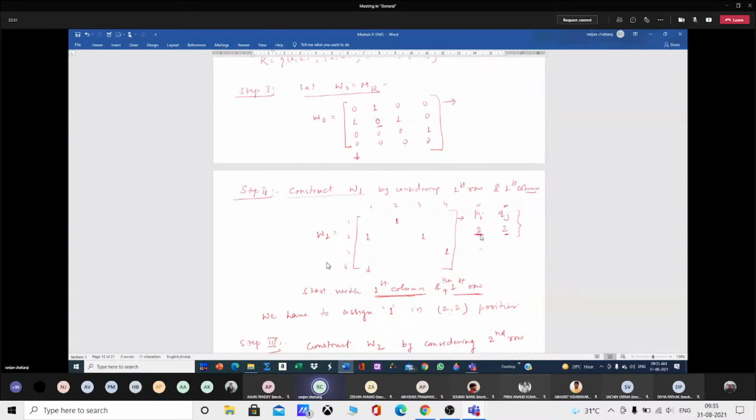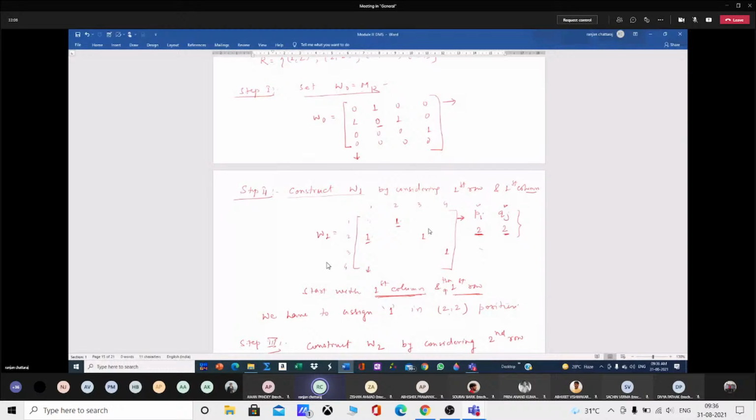Then you consider this row. In the first row, 1 is again in the second position, first, second, so it is 2.